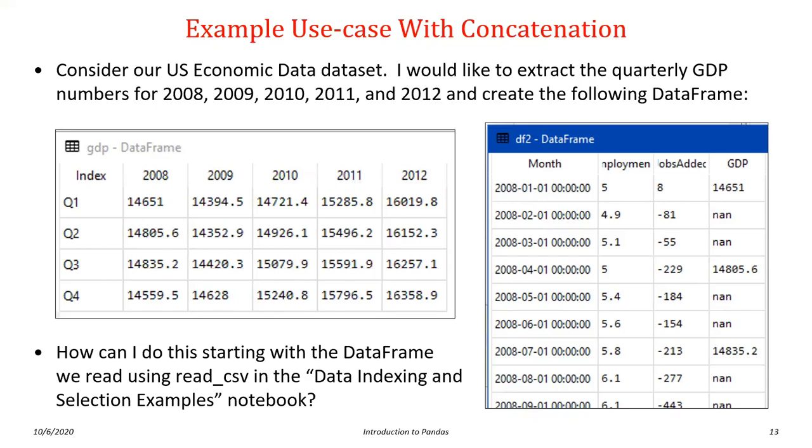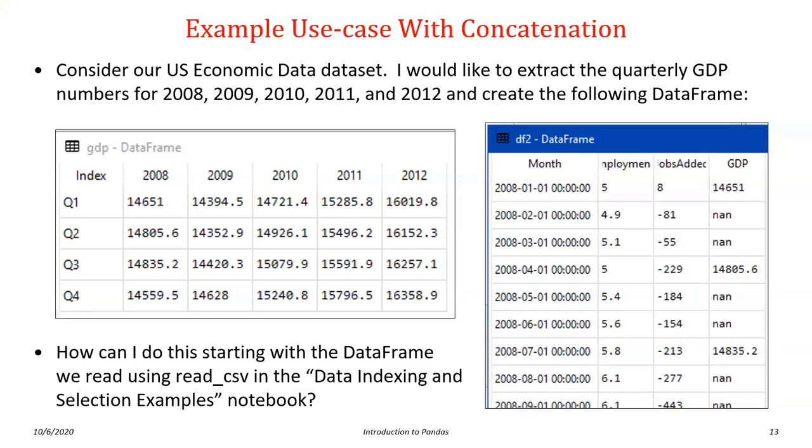Then I would have 2008. Then I just replicate that for 2009 and 2010 and 2011. Because I know that the first 4 rows are 2008, so the next 4 rows are 2009, the next 4 rows are 2010, and so on. Okay?